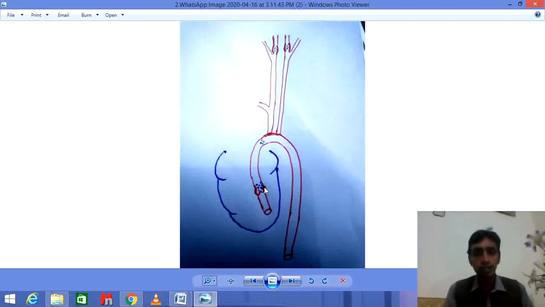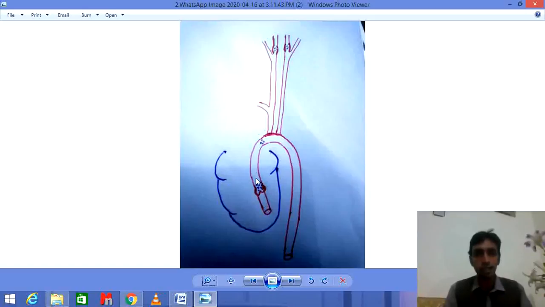You can see in the ascending aorta, this is the aortic wall. Near the aortic wall, you can see that the ascending aorta is a bit flattened. This part of the aorta is dilated.